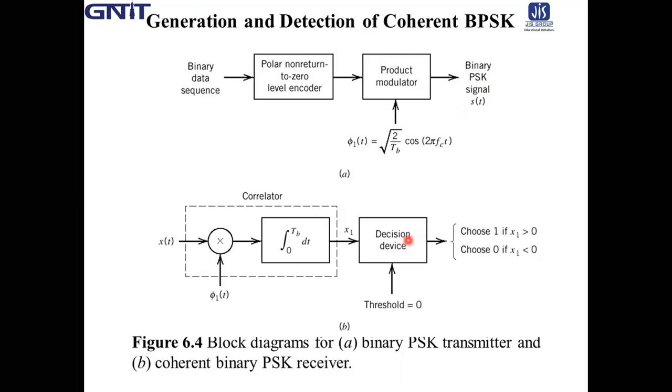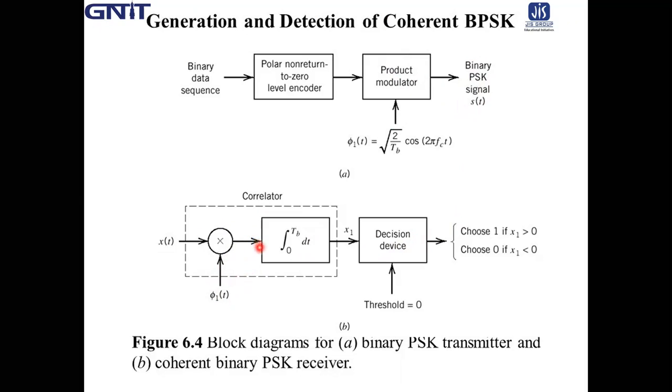Now to detect the original binary sequence of 1s and 0s, we apply the noisy PSK signal x(t), that is at the channel output, to a correlator circuit, which is also supplied with a locally generated coherent reference signal phi 1(t).